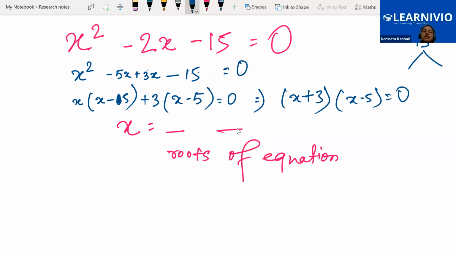Now can you tell me what x value we are going to get from here? What is the x value? x plus 3 and x minus 5 is equal to 0. So what will be the value of x?